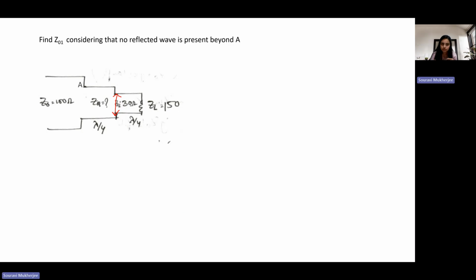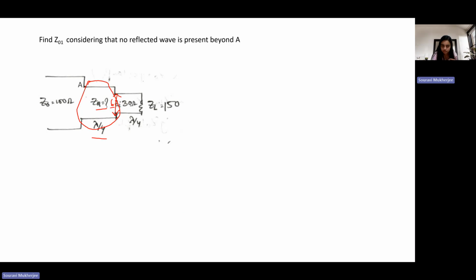But things have to be continuous all throughout the different sections of your total transmission line, right? So now it says that Z in here is 6. Now this input impedance of this section is basically nothing but the load for this part of your transmission line, right? It's the load for this section. Now, what do you know for this section? You have to find the characteristic impedance. You know the length.